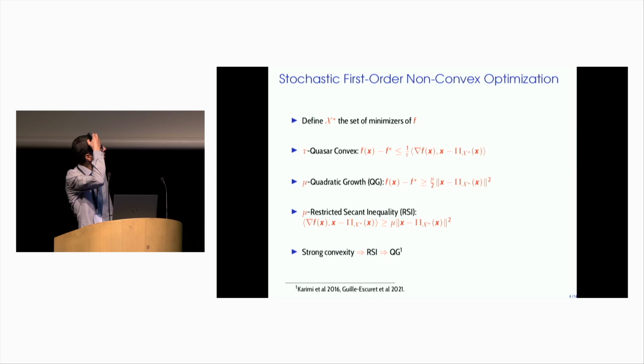The other two conditions are quadratic growth, which says that the function is lower bounded by something that looks like a quadratic, and the RSI condition, which lower bounds the scalar product between the gradient and x minus x star by some quadratic-like function. There are some works that study the relationship between all those classes of functions and other classes. We can mention, for example, Karimi et al. and Guille-Escuret et al. for a more developed comparison of the classes.